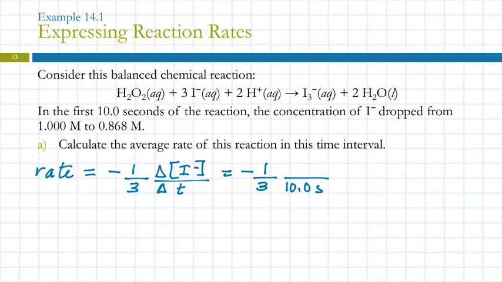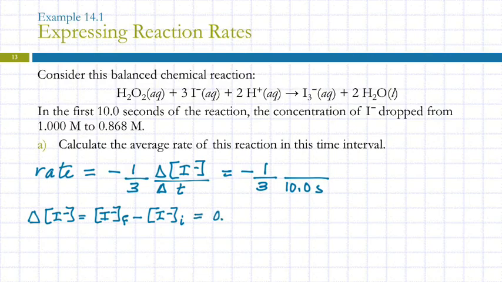It's a good thing. So the change in the iodide concentration, that is the iodide concentration at the final time, or at the second time, minus the iodide concentration at the beginning, right? So it says it dropped from 1 to 0.868.